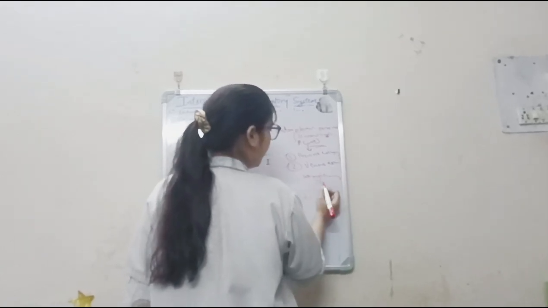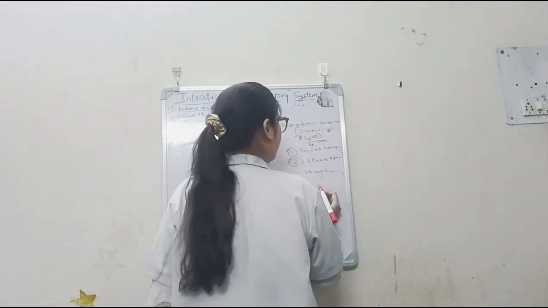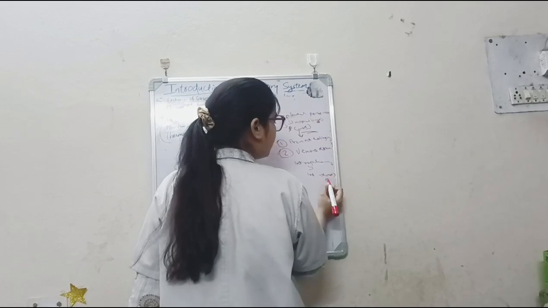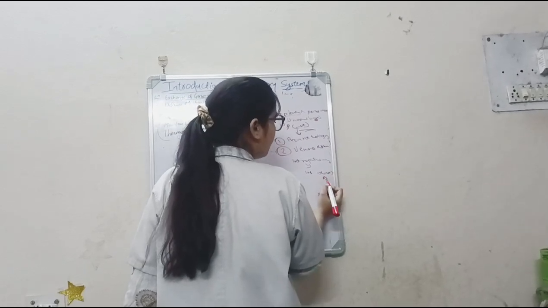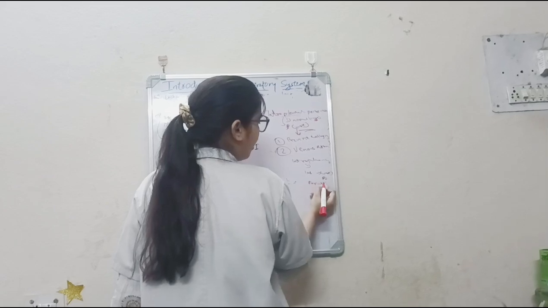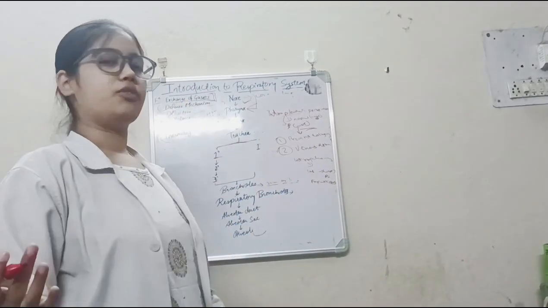Normally it is equal to the atmospheric pressure, that is 760 mm of Hg. During inspiration it becomes negative, so the pressure will decrease and more air will come inside, and during expiration it will become positive, so that the air will go outside.